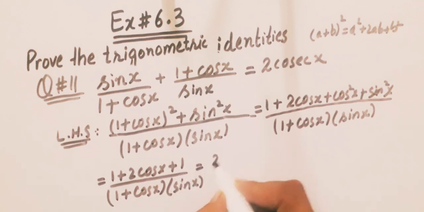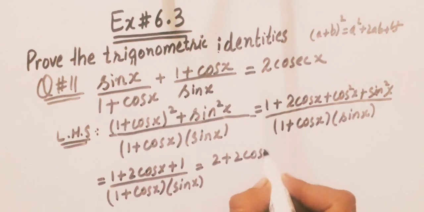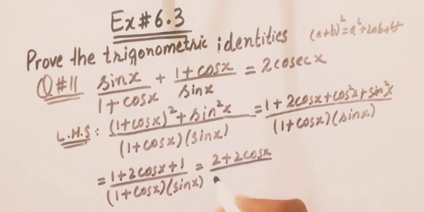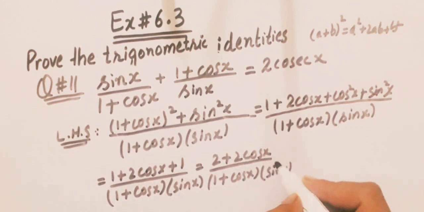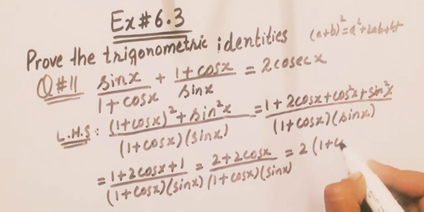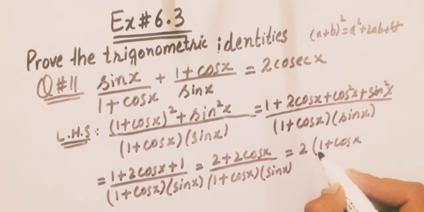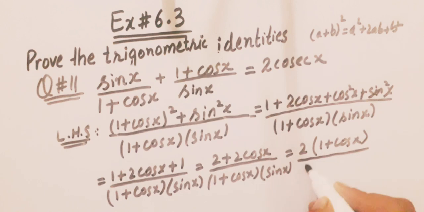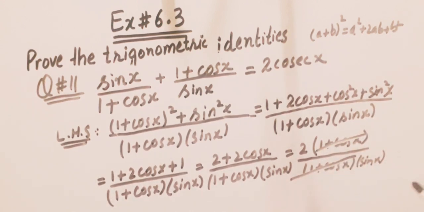Now we have 2 + 2 cos x by (1 + cos x) into sin x. We will take 2 as common. Then we have 1 + cos x divided by (1 + cos x) into sin x. So 1 + cos x will be cancelled by this, and we have 2 by sin x.